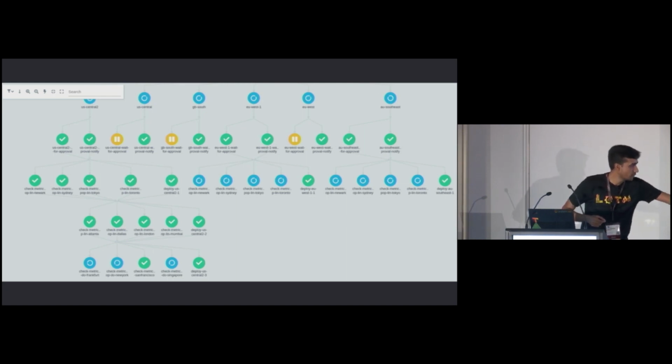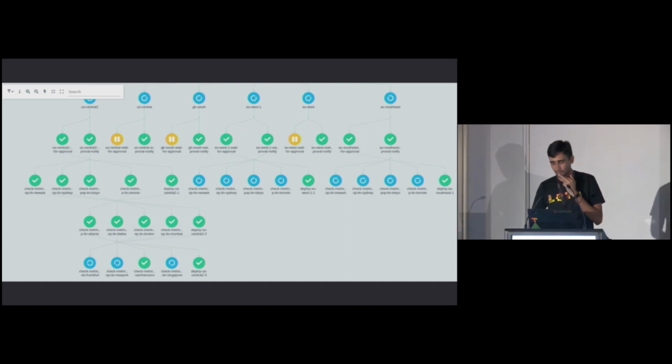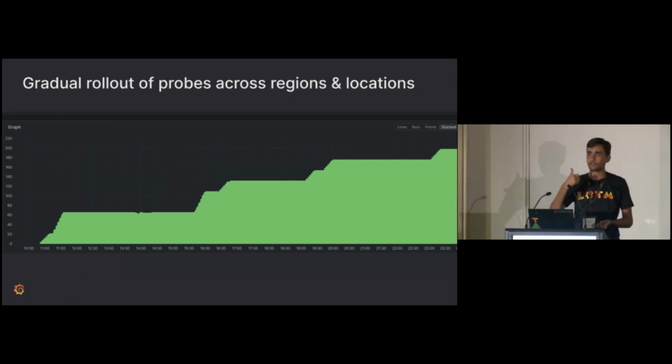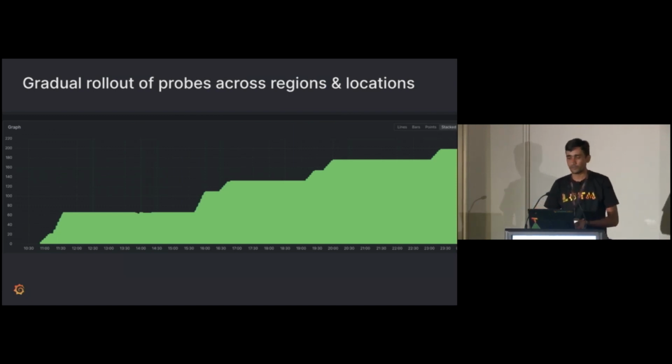So it went down, checked for more locations, and then it's deploying to more locations. So here is how it looks in action. You see around 11, one location of a region came up, and then slowly the whole region came up, and then over a span of a few hours, we gradually rolled it out across this, right?